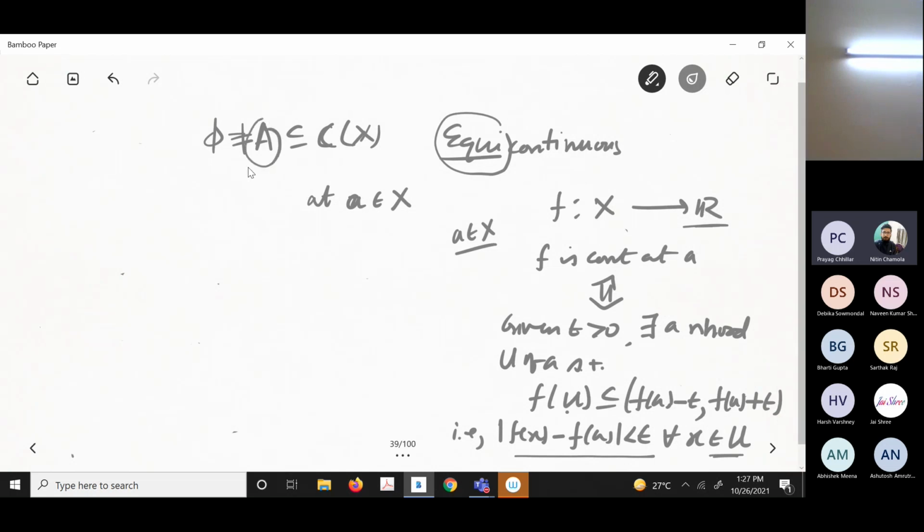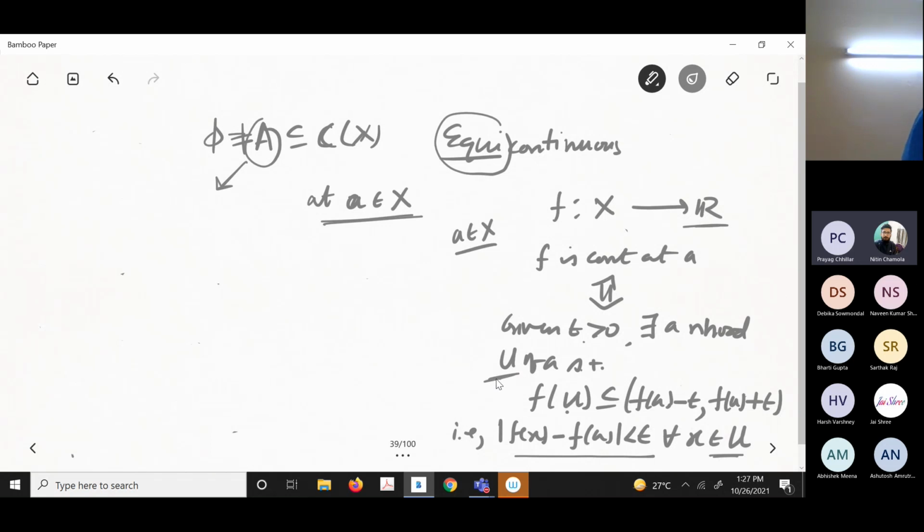Here you have a collection of functions. Suppose continuity, and I'm taking this as fixed. What will I mean by equicontinuous? Now look, if I change f for the same epsilon, very likely I will have a different neighborhood of a.